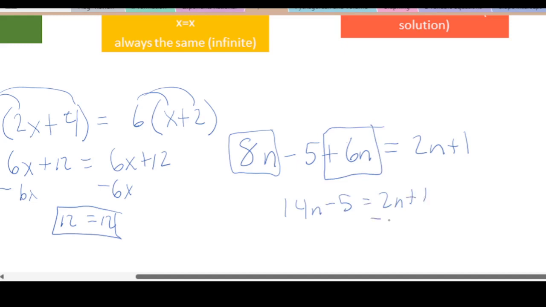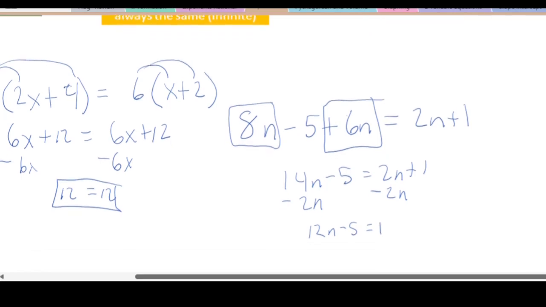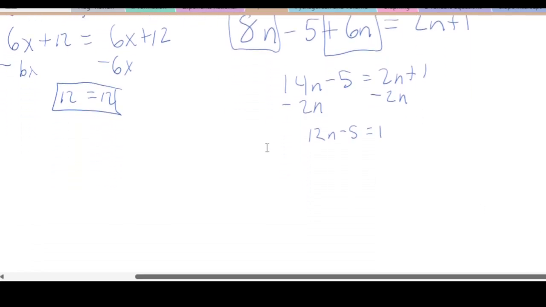Okay, move my variables to one side. Okay, and I can see here, even from now, that I'm going to get a solution because I'm not getting rid of my variables. 12n equals 6, divide by 12, divide by 12, and n is going to equal, if I simplify that, 1/2. So that would be one solution.